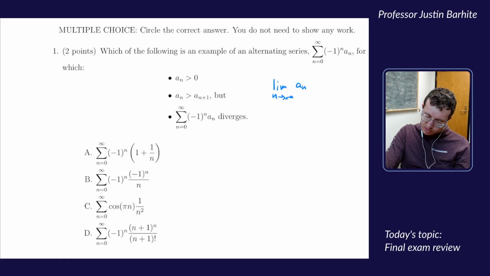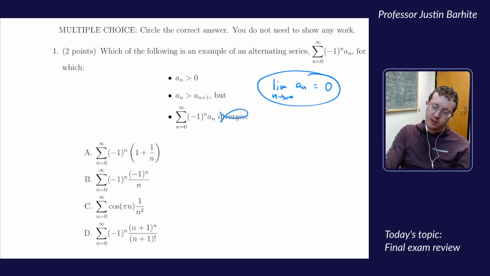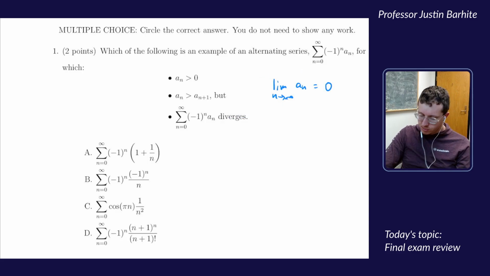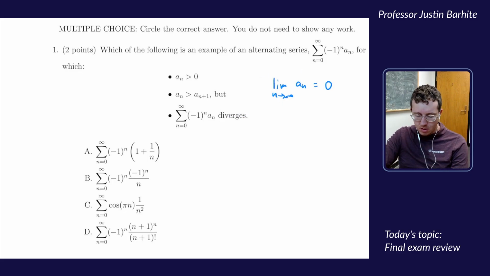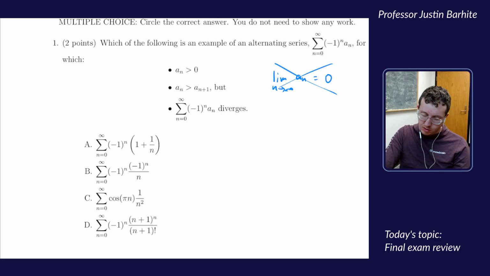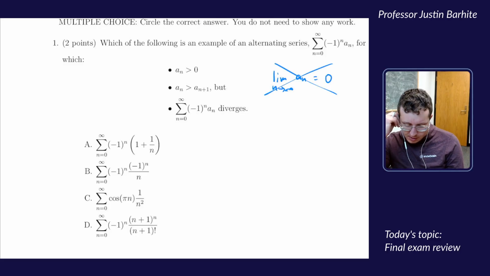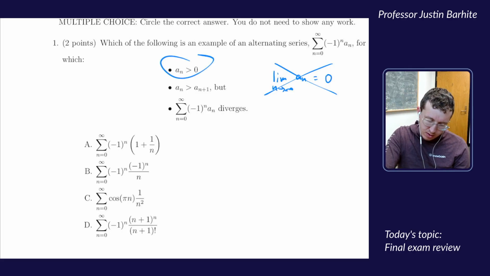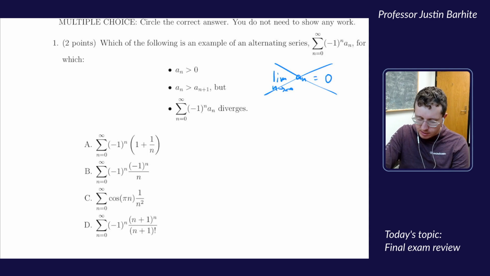Let's see. So let me look through the options and see which one has positive terms. This is going to be positive. Oh, that's not positive. That's alternating. This piece is alternating, which means the whole thing is positive. This is the sum of just 1 over n. Okay, so it's not B because the ANs are not positive.